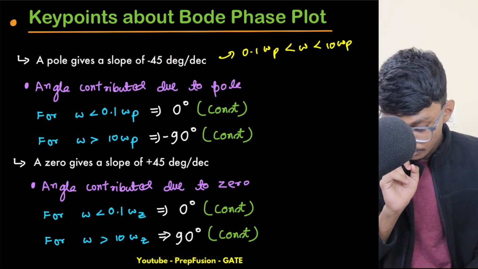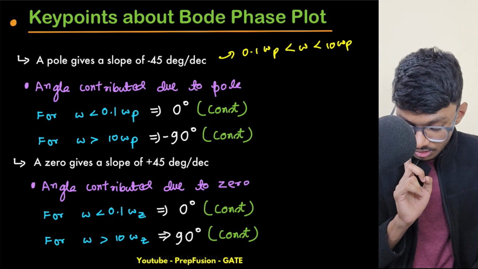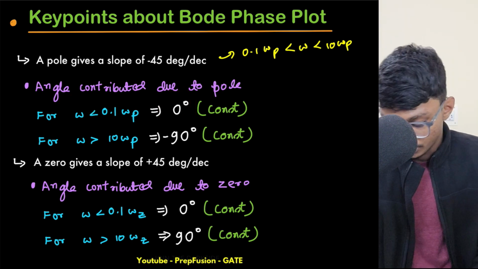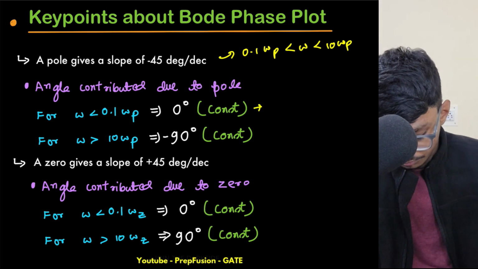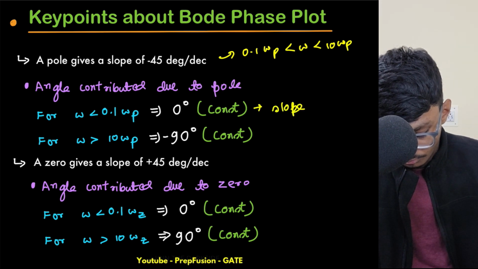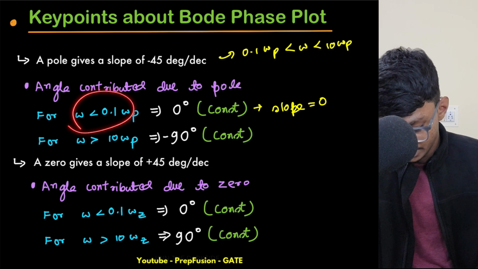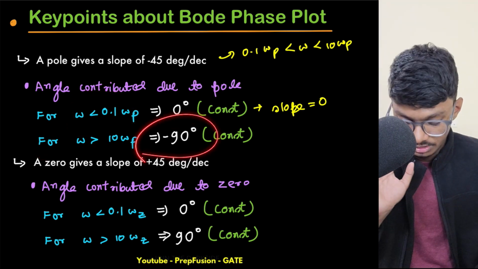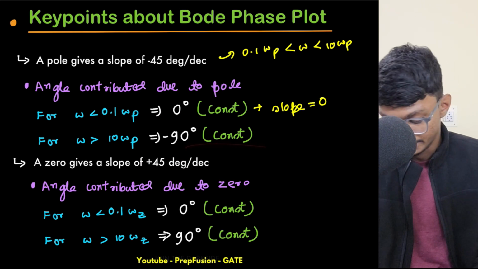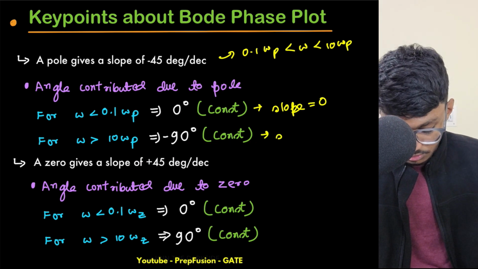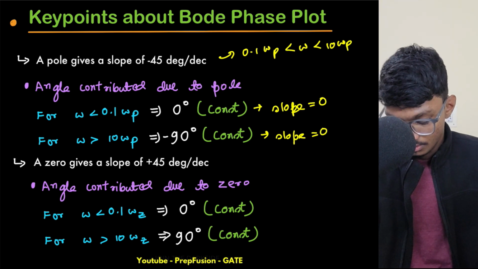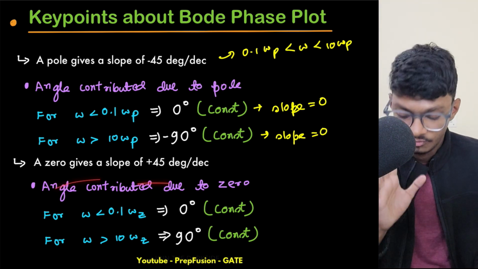Very important. Now the angle contributed by the pole for omega less than 0.1 omega p is 0 degree, constant. So here my slope becomes 0. That's why this range is given here. Omega less than 0.1 omega p, slope becomes 0. Omega greater than 10 omega p, the angle becomes minus 90 degree and again my slope is 0. Now a zero gives a slope of plus 45 degree per decade.